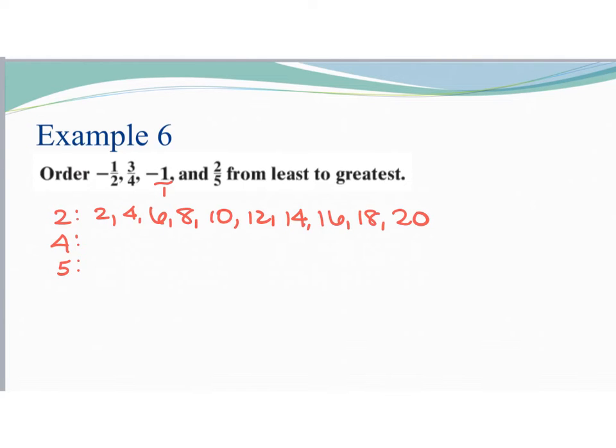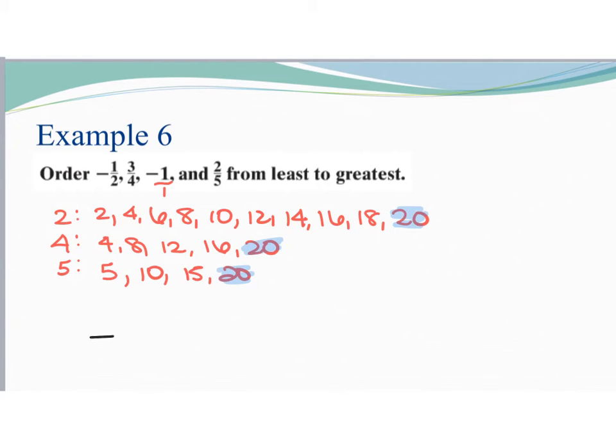For 4, we have 4, 8, 12, 16, and 20. And for 5, I have 5, 10, 15, and 20. Now notice all of these have a multiple of 20. So that means I'm going to rewrite all these fractions with denominators of 20.